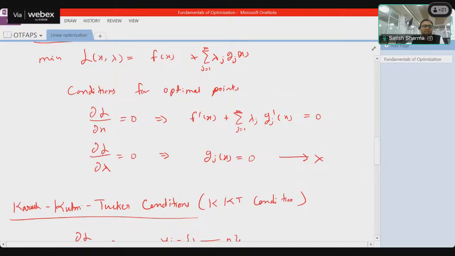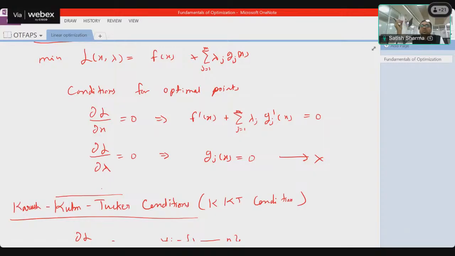Earlier it was called the KT condition, then Karush-Kuhn-Tucker, because these two scientists published their work in the 1950s, and Karush had already written these conditions in his, I think, PG thesis, a few years earlier.